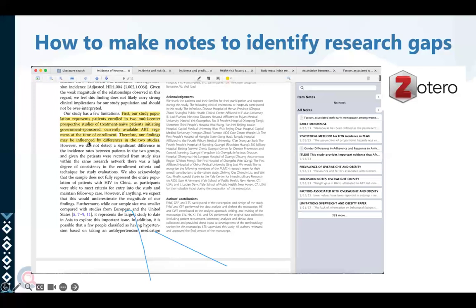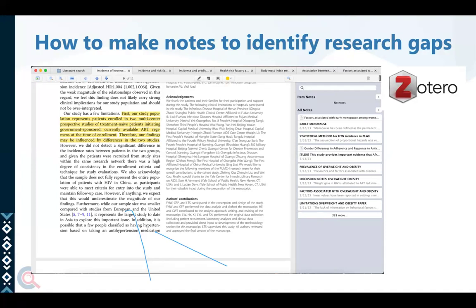Therefore, our findings might be influenced by differences in two studies. So there is a methodological gap here. If your study is building on this study, you might say, while these people have reported this, their paper has this weakness, which is the gap. And then yours now promises to fill this gap by using this method, something of that sort.